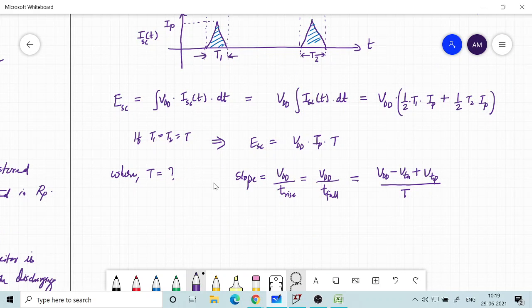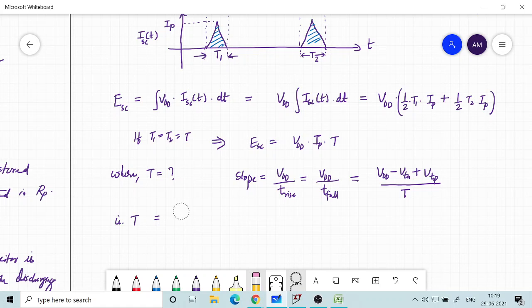So what is T? T is equal to, sorry, I have to invert this, so I will take T to this side.